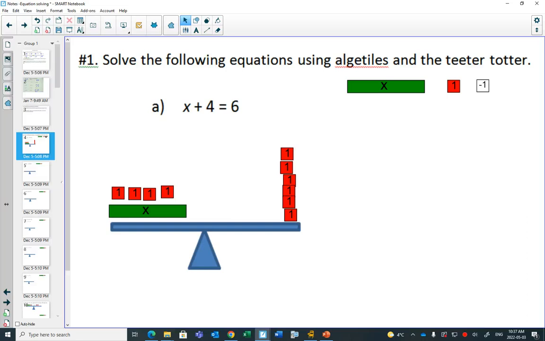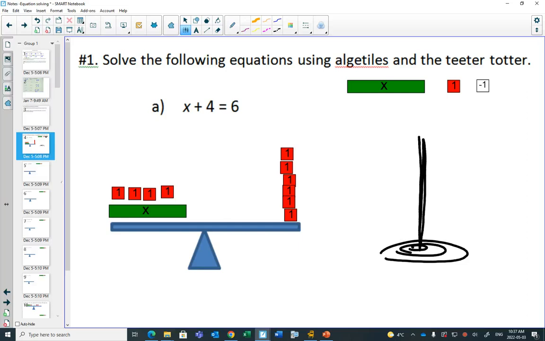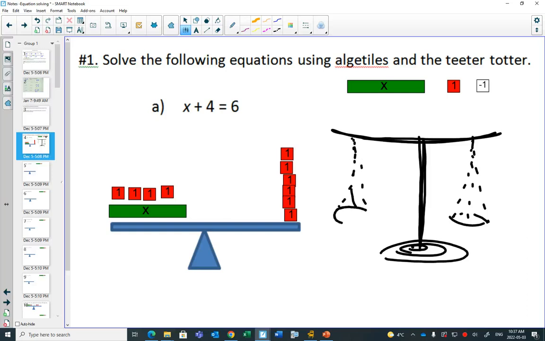You know what I'm talking about? I should have had one of these things with chains hanging like this. Because then it wouldn't matter if you put the one over here or here, it's still balancing exactly the same.